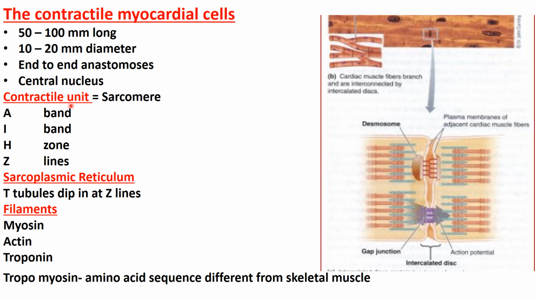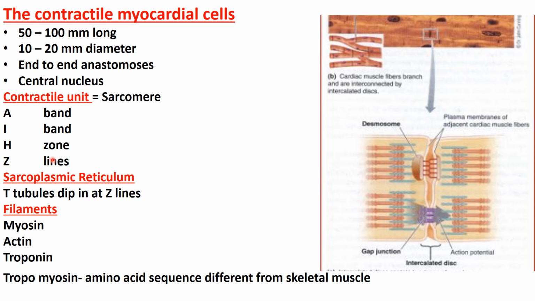Now, the contractile unit of the cardiac muscle cell is the same, the sarcomere, as in the skeletal muscle, having A band, I band, H zone and Z lines. Similarly, the sarcoplasmic reticulum is the same as in the case of the skeletal muscle.